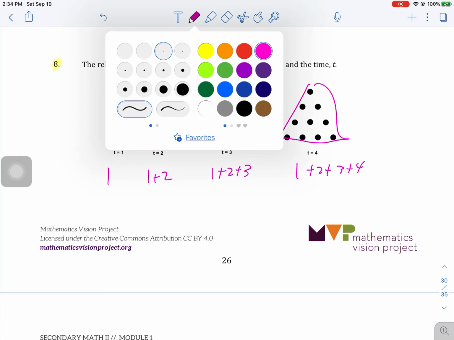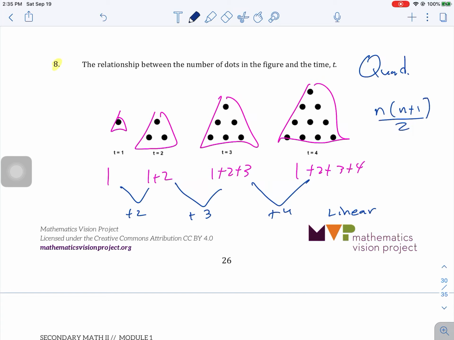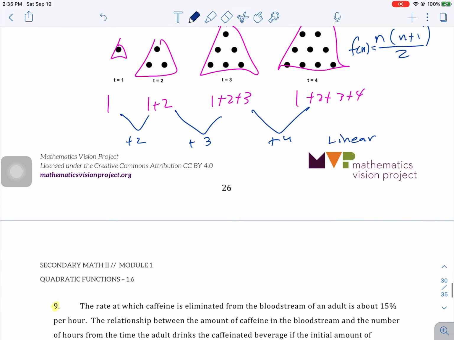The change, you're probably realizing, oh, look at the change: plus 2, plus 3, plus 4. That change is a linear relationship. So therefore, this must be a quadratic relationship. An equation for this is n times n plus 1 divided by 2, so f of n is equal to that.